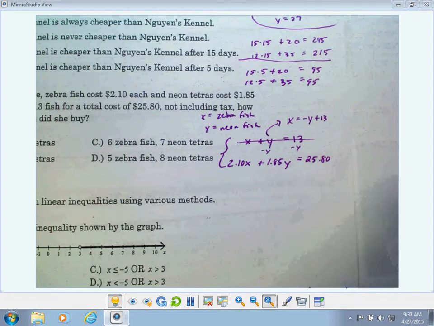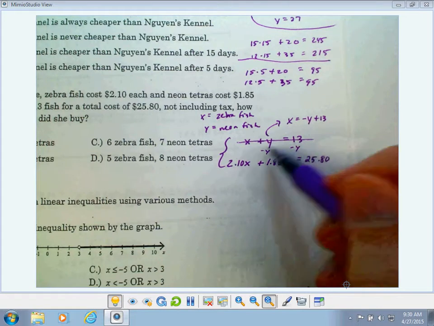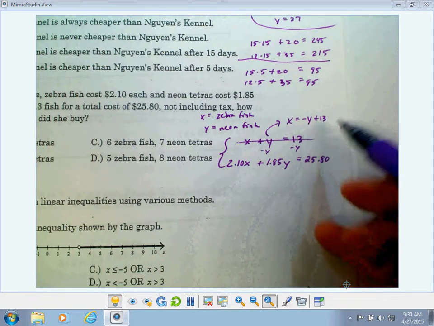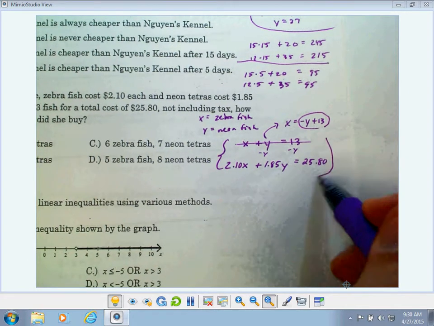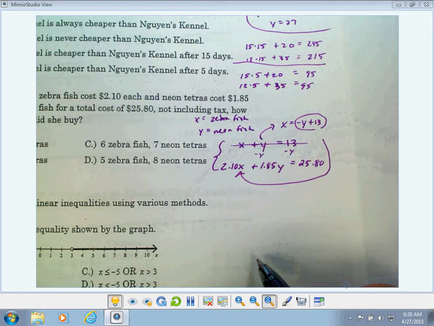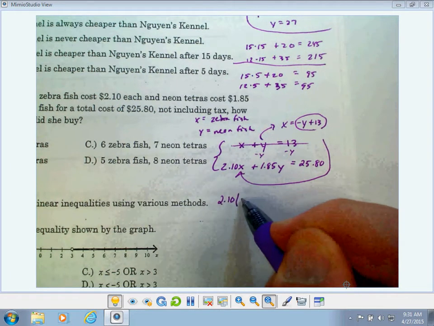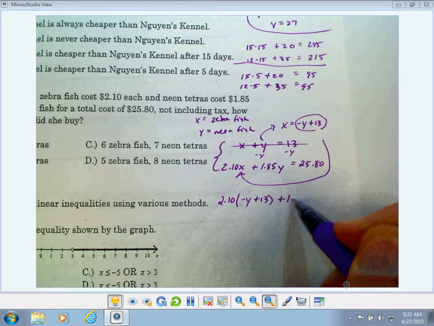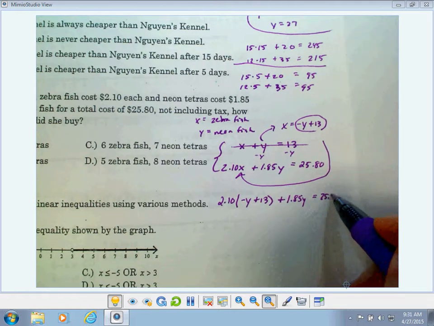So we wrote x plus y equals 13, but I'm going to subtract the y away from both sides to make it easier to use substitution. So it's this part that I'm going to substitute in for the x in the other equation. So I'm going to write 2.10 and then in parentheses negative y plus 13 plus 1.85y equals 25.80.